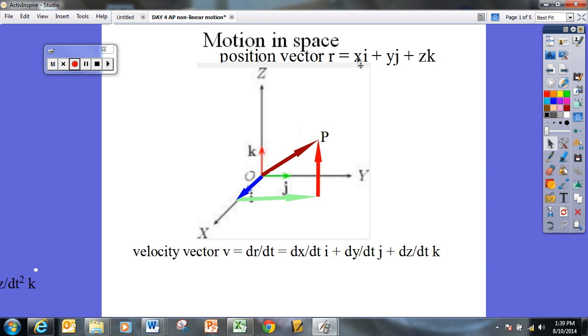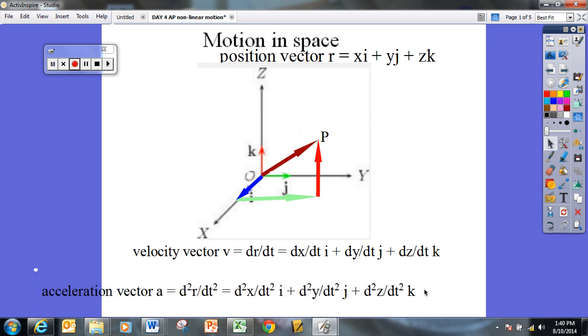And so when you take the derivative of each of those, it becomes just the derivative of the part that is a function of time times the unit vector in that direction. And so the result is, as we would have hoped, that velocity is equal to the sum of the x component of the velocity times the i unit vector plus the y component times the j unit vector and the z component times the k unit vector, just as we might have hoped.